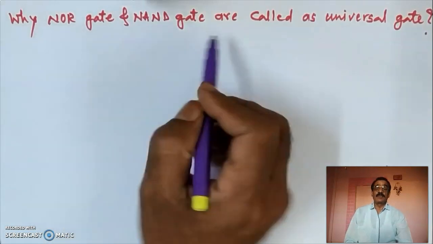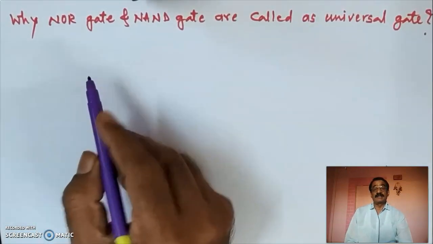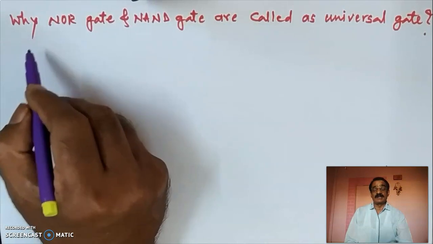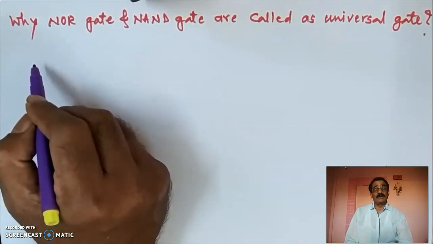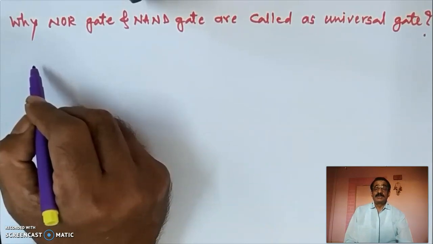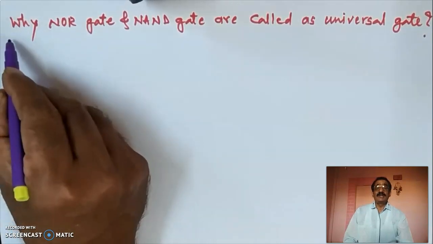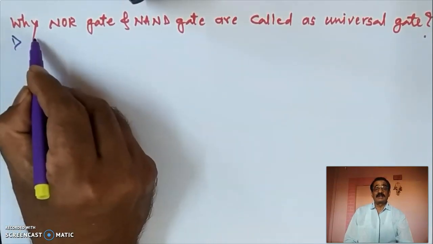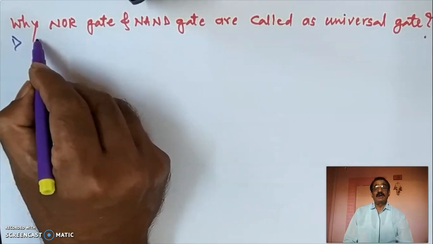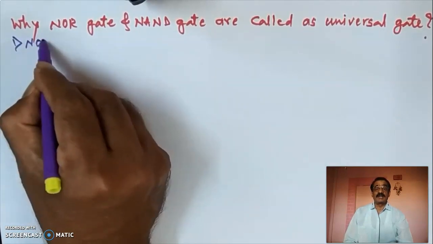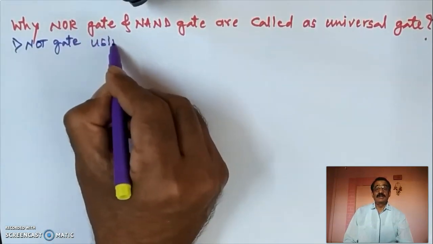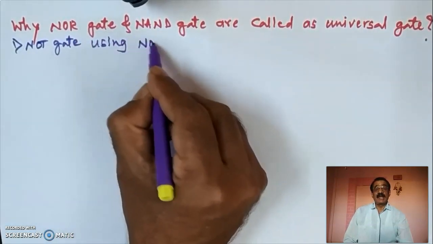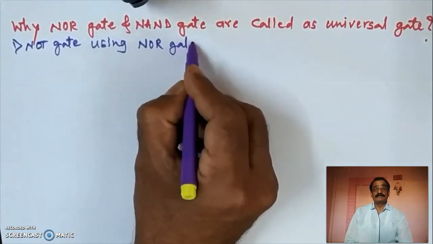Now we will see why NOR gate and NAND gate are called the universal building blocks or universal logic gates. Friends, you know there are three basic types of logic gates: OR gate, AND gate and NOT gate. So using the NOR gate or using the NAND gate, we can construct all basic gates. So they are called the universal building blocks. First we will see how the NOT gate can be constructed using the NOR gate.